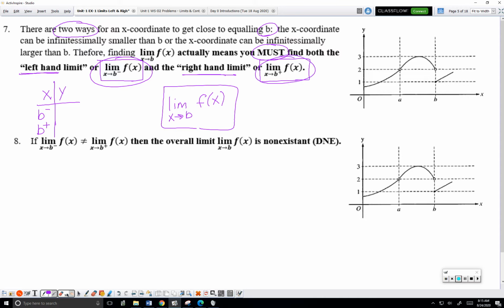It's not possible. I can't answer this ever unless I check the left-hand limit and the right-hand limit. Question.